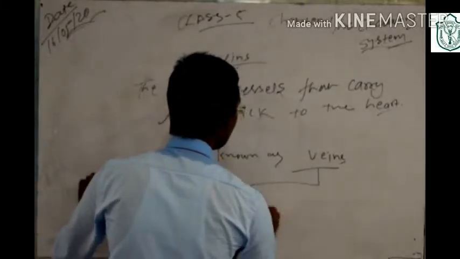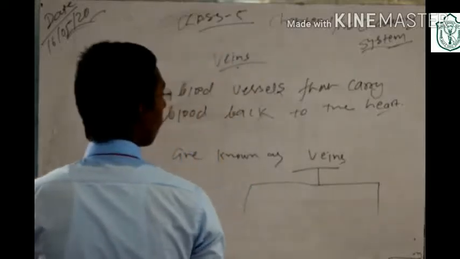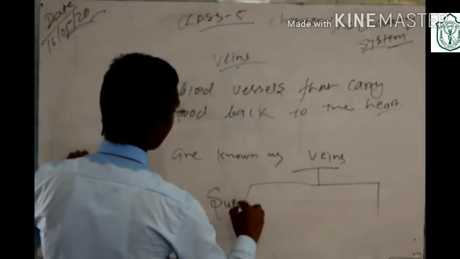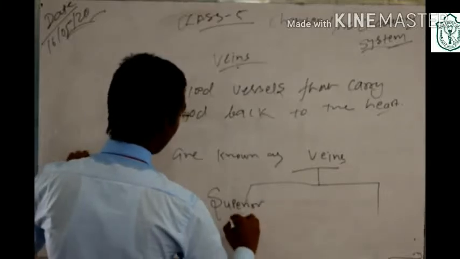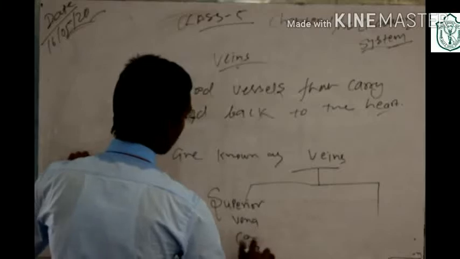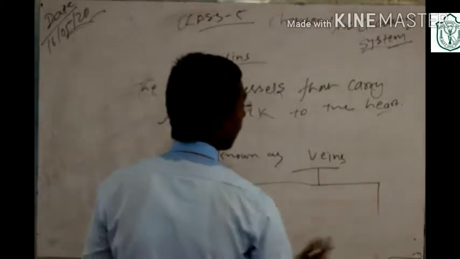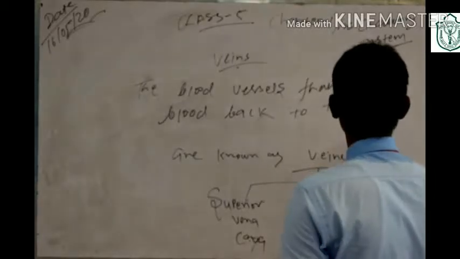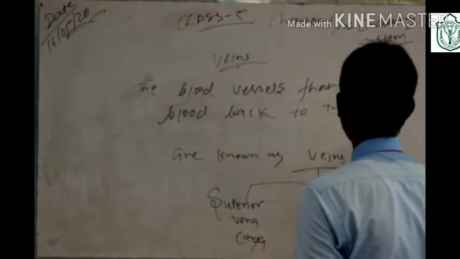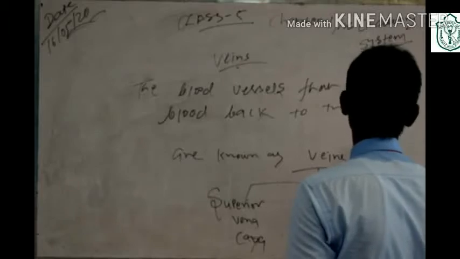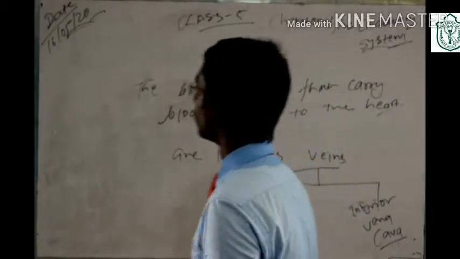Now, the veins are of two types. The first one is superior vena cava, and the second is inferior vena cava. What are they?